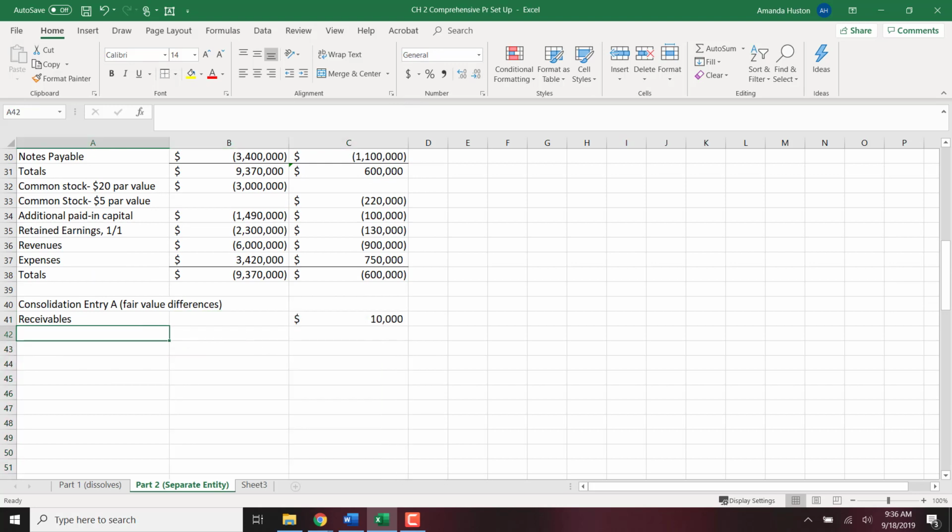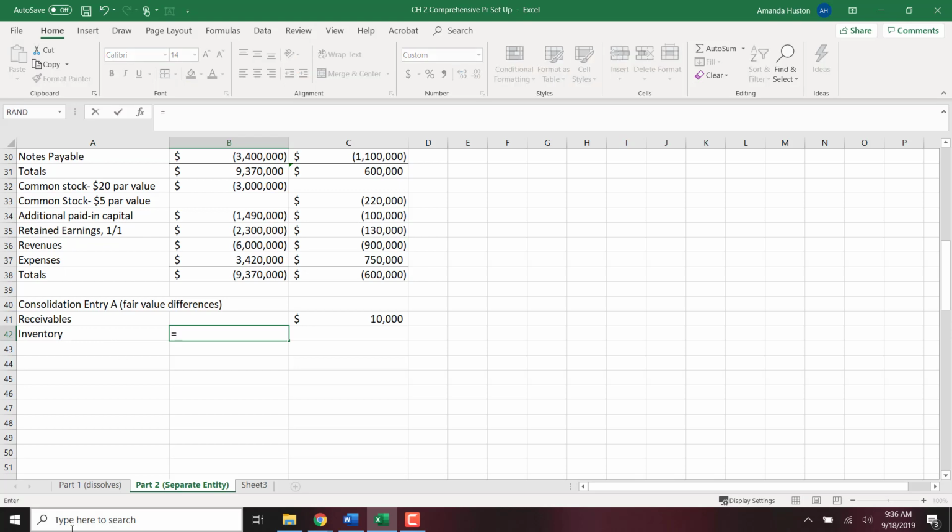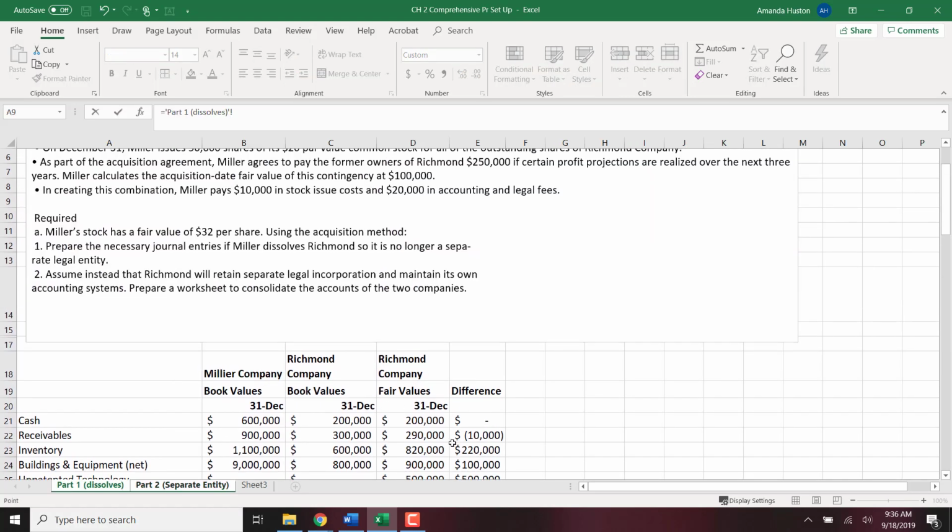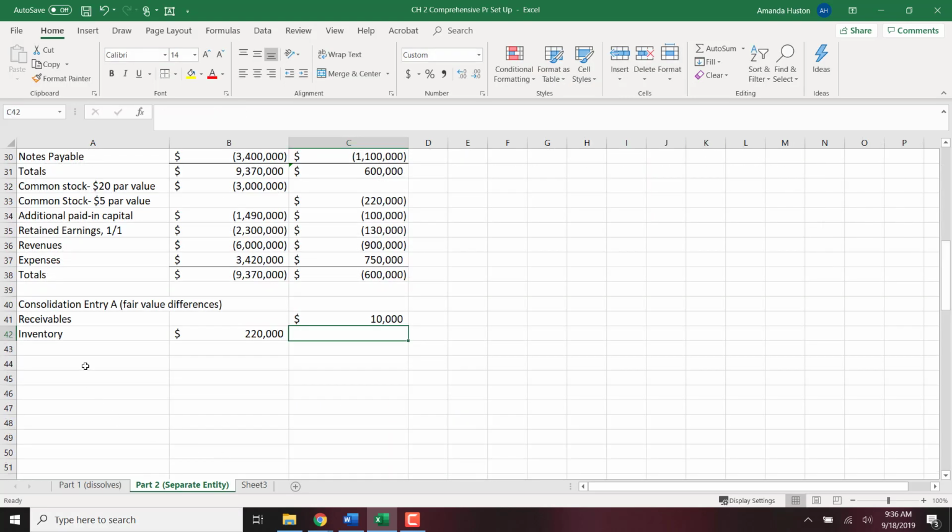Okay, so we're going to credit receivables. And all I'm doing is taking the fair value differences from the last one. Then we had inventory. And I'm taking the fair value difference, 220.